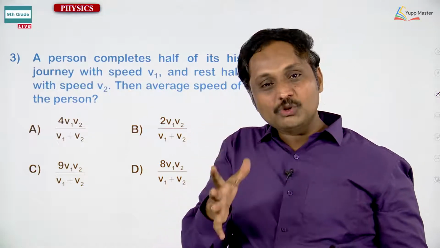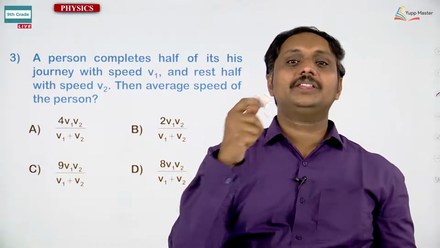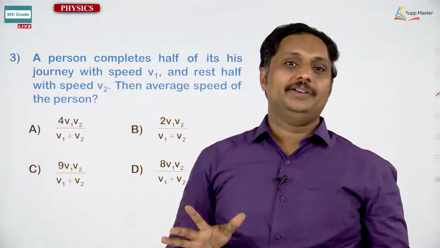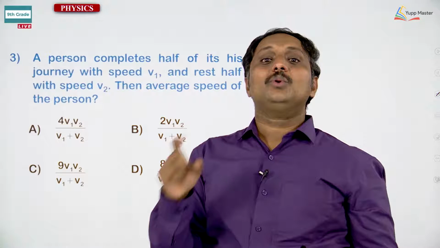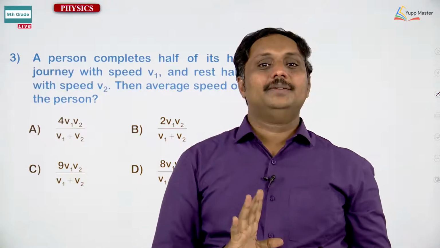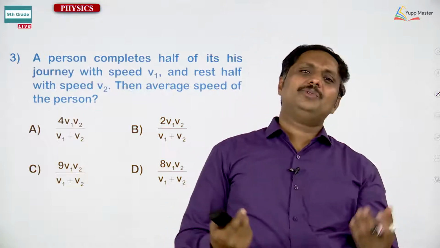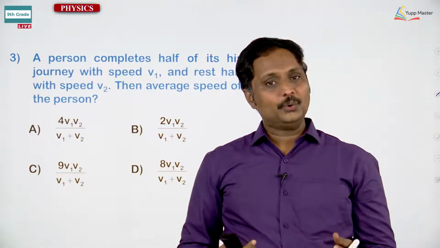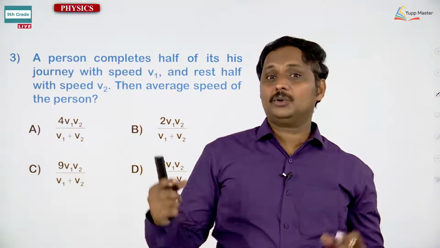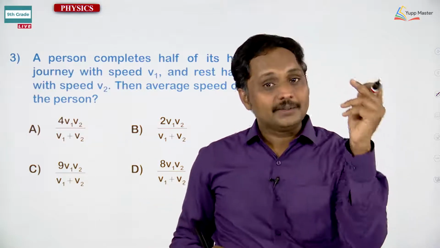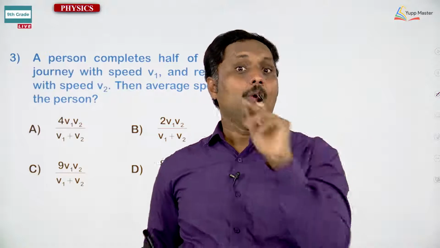It has been covered half of the distance with a particular speed, half of the distance with another speed. So during the journey you have to calculate the average speed. That is very, very important. Half of the distance, they may give 1/4, 2/4, 3/4, whatever it may be, but the total distance you have to consider as d.